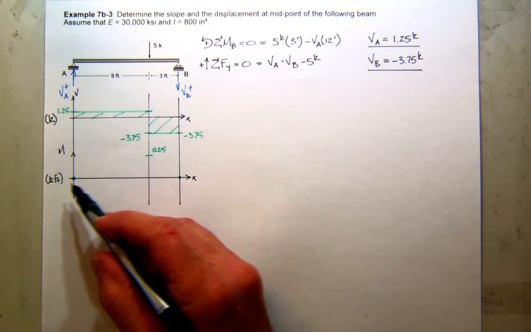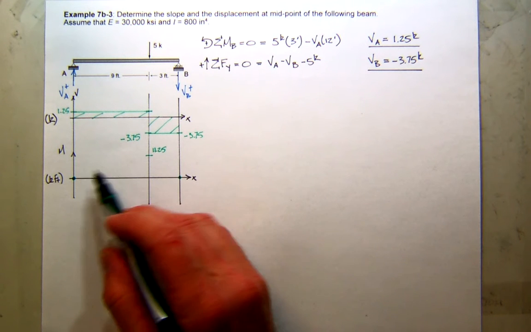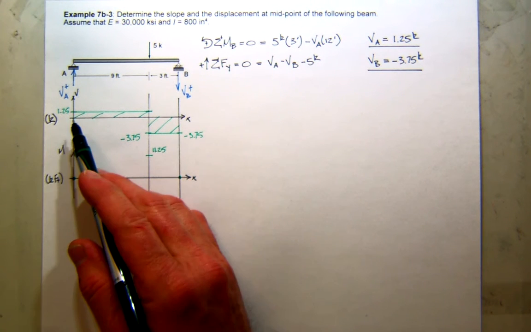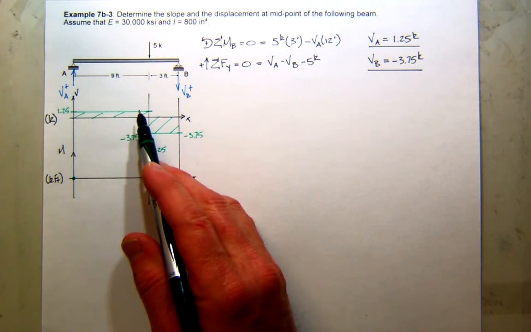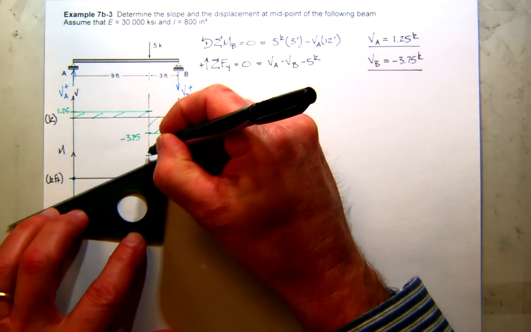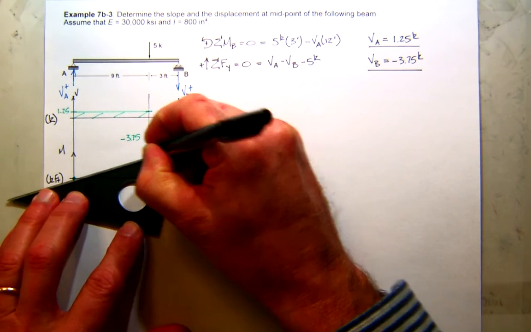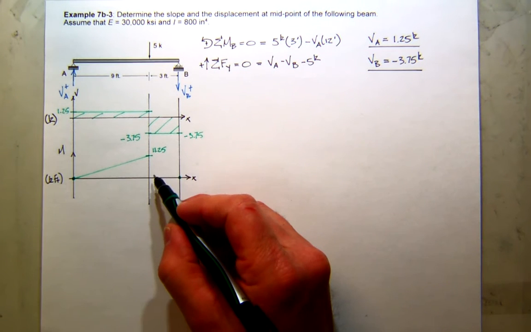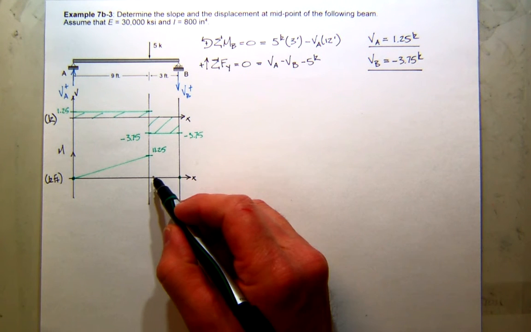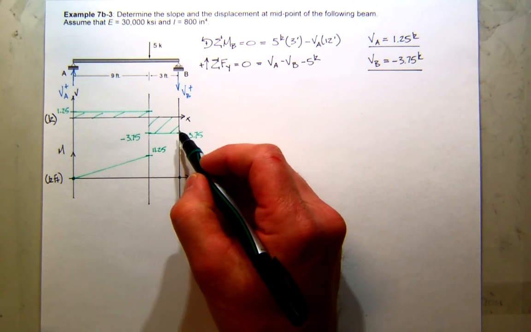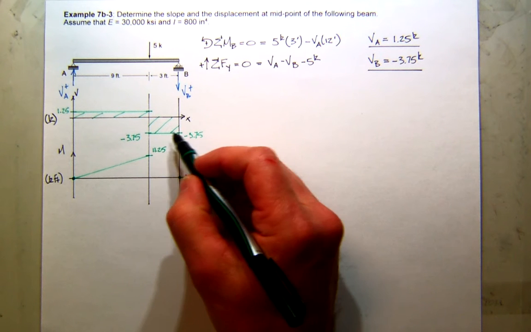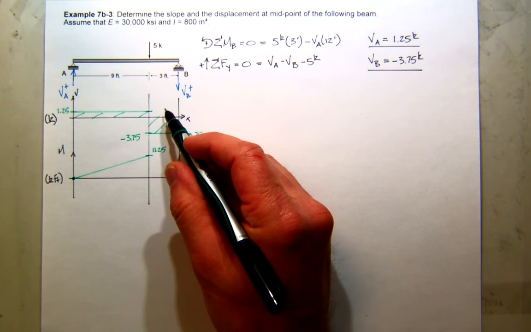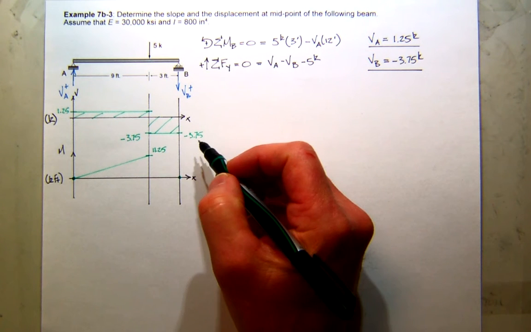And we know that's the change, and we know the slope of the shear diagram is given by the value of the shear. The shear is constant and positive, so here's a constant positive slope. And the change in moment from 9 to 12 would be the area under the portion of the shear diagram, which is 3, the base, and the height is negative 3.75.